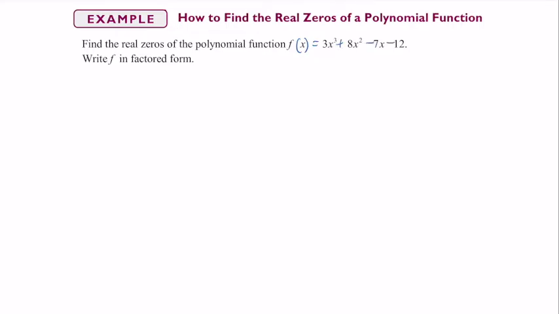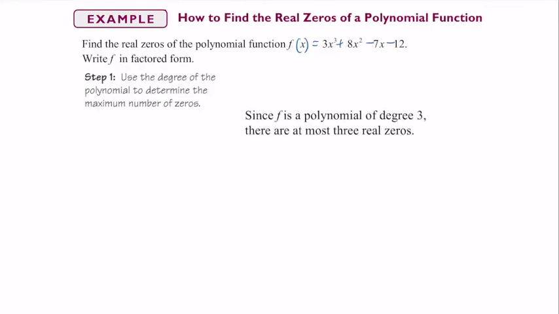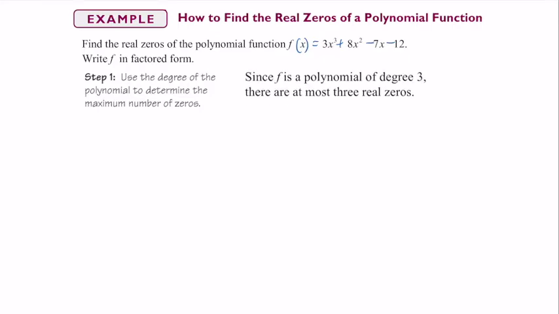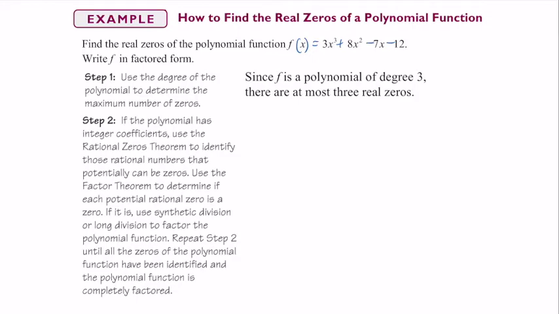I don't know why these symbols aren't transferring over. Sorry, guys. So the first thing I want to do is use the degree of the polynomial to determine the maximum number of zeros. Since this is a degree 3 polynomial, I know there's at most 3 zeros. The next step is I'm going to use the rational zeros theorem to identify my potential zeros.